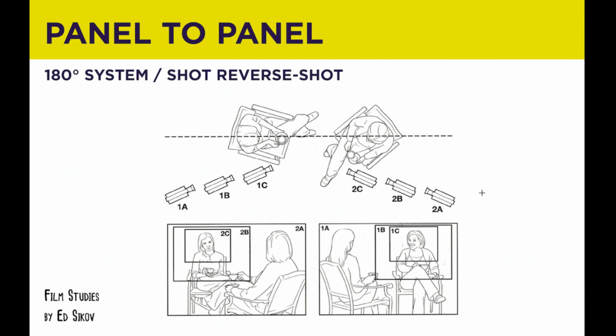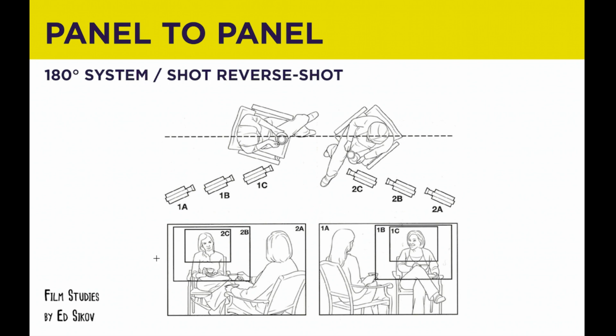So this technique is another way to help enhance clarity and avoid confusion within a scene. If you can imagine two characters in conversation and then you draw a line across those characters, you want to keep the perspective of your points of view, of your camera angles, on one side of that line.